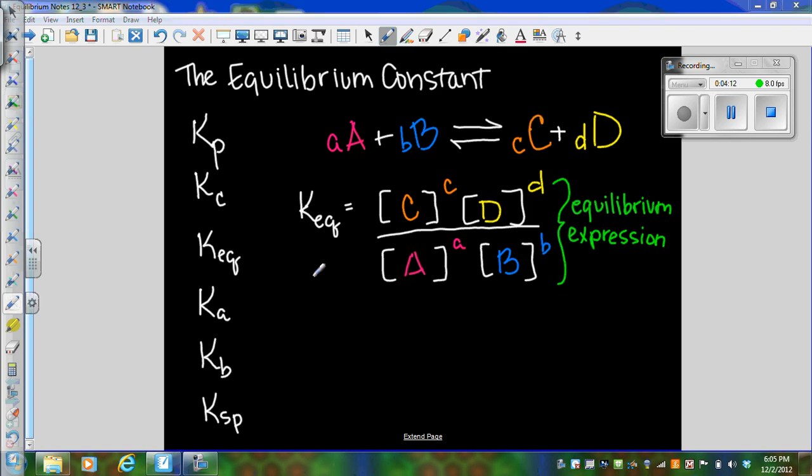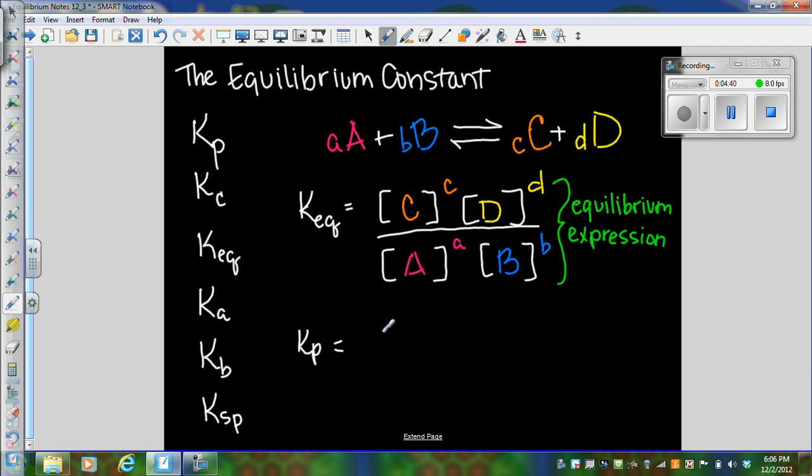Now, the trick with this is if these are gases, we know that gases can exert pressures. And so you might be asked to write the equilibrium constant for pressures, which would be K sub P. This looks a little bit different. You can't use the concentration brackets with pressures because pressure and concentration are not the same thing.